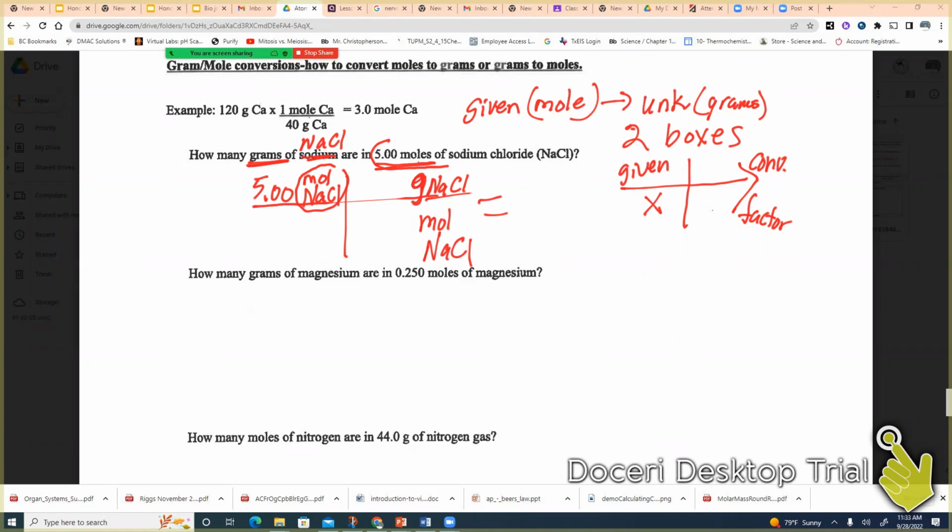Remember when we do molar mass, my units are grams per mole. So that's what we're looking for here. I would have to figure out the molar mass of sodium chloride, a little side calculation, or you probably could just do this in your calculator. So I have 1 sodium, 1 chlorine.